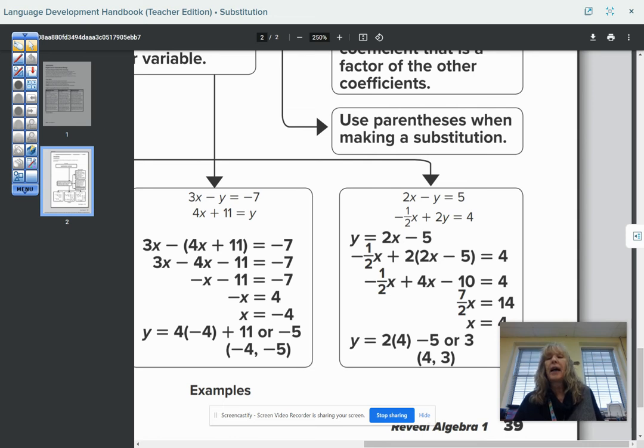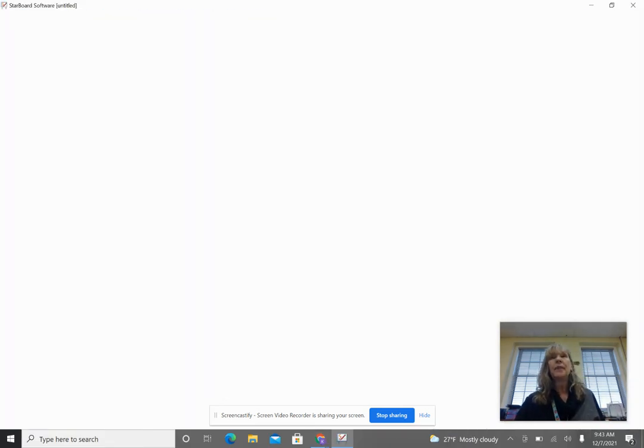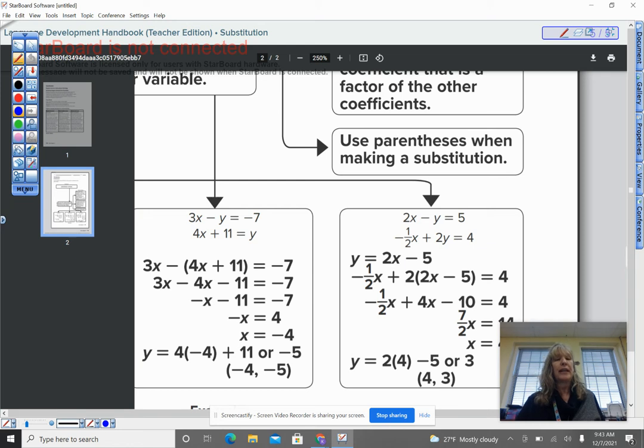So with that being said, you can rewrite the second equation, the one that does not have the fraction in it, which is what they've done here. They've rewritten this equation in slope-intercept form so that you have a y equals something. And then they've used substitution for that.